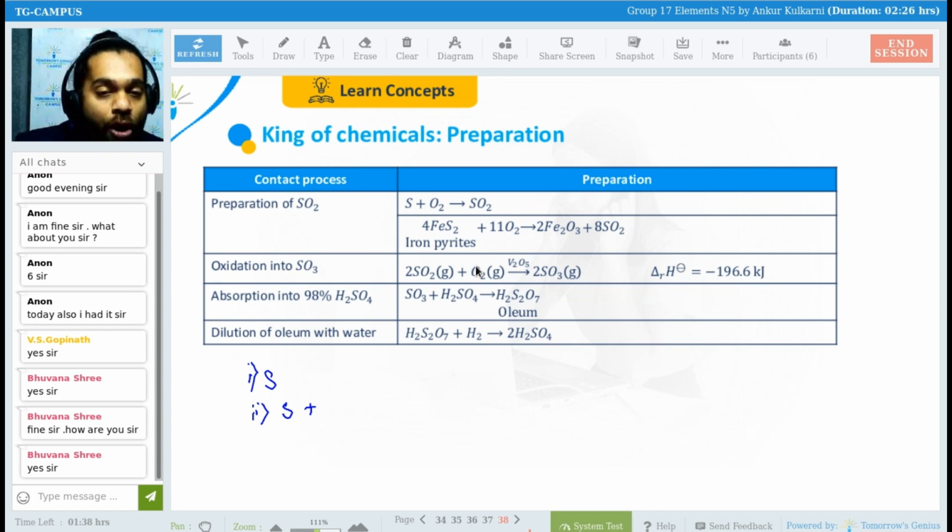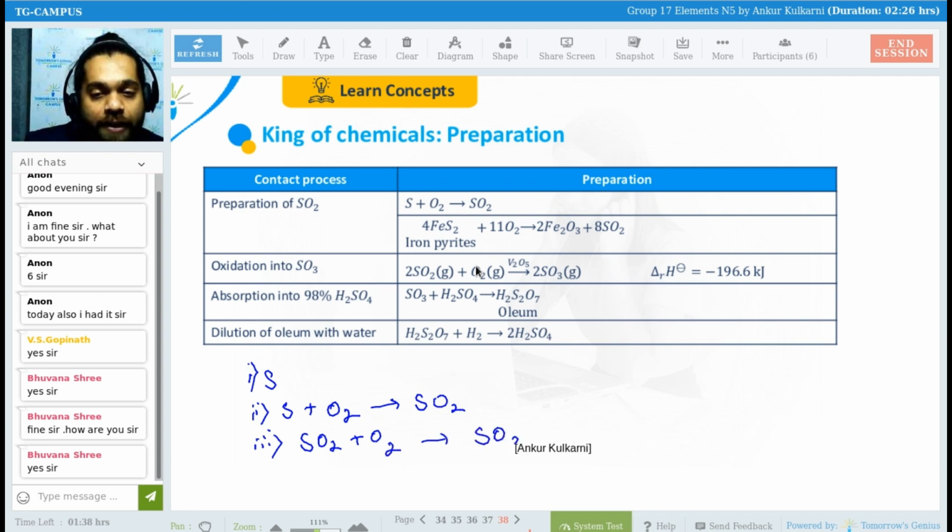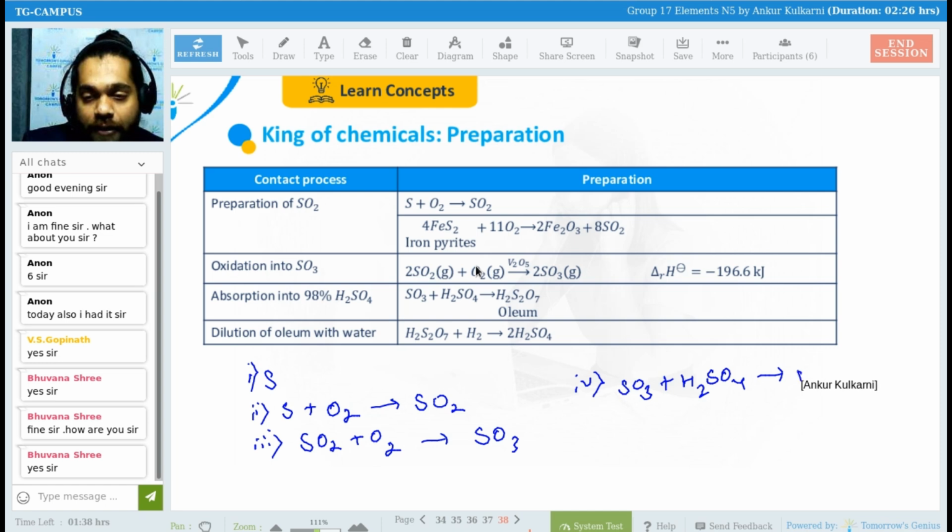We take sulfur and oxidize it into sulfur dioxide. We continue the oxidation and convert it into sulfur trioxide. Then I'll use a little bit of pure H2SO4. That pure H2SO4 will absorb the sulfur trioxide and convert it into oleum.